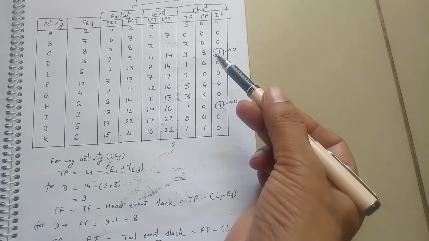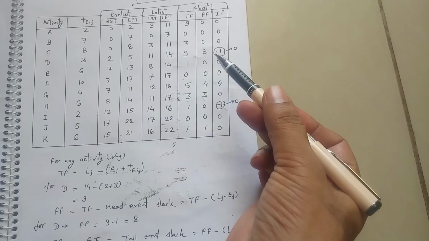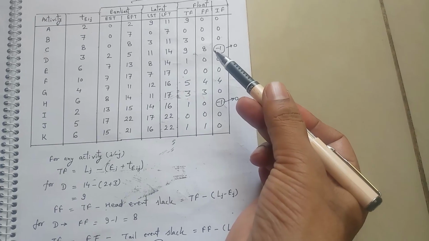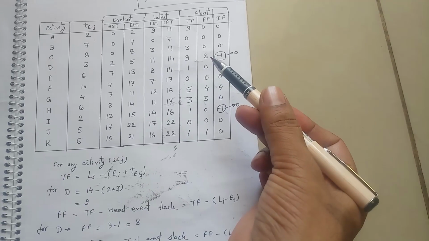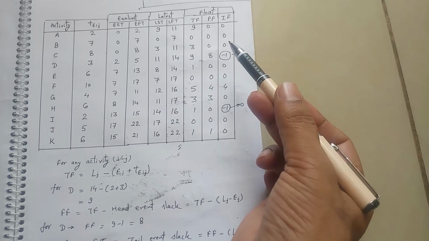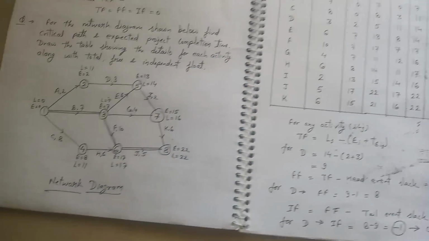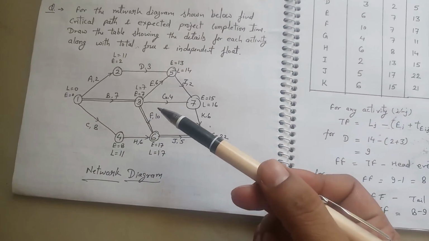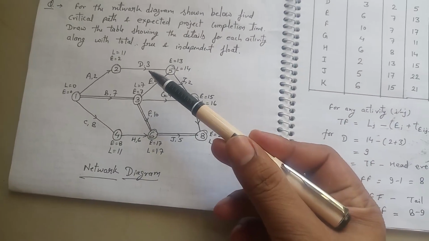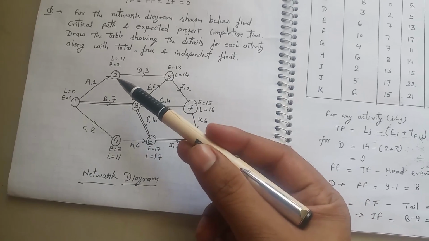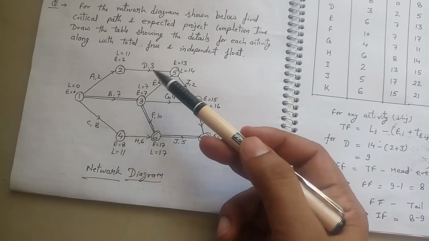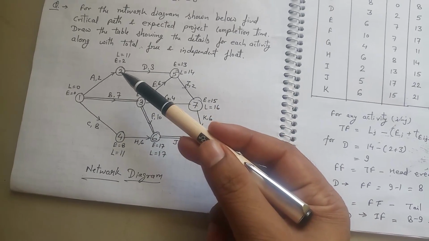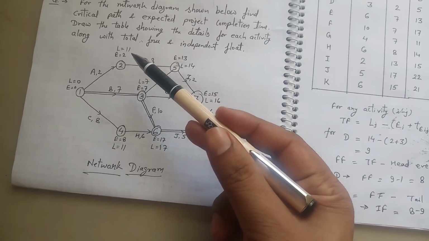Similarly, for activity D, we have free float 8, and what is the amount of tail event slack? We have to move to event D. This is your tail event slack, and this is your head event slack. For activity D, the tail event slack is 9.